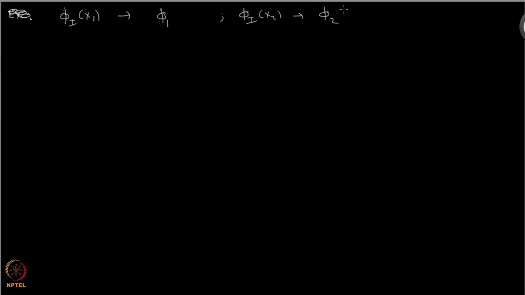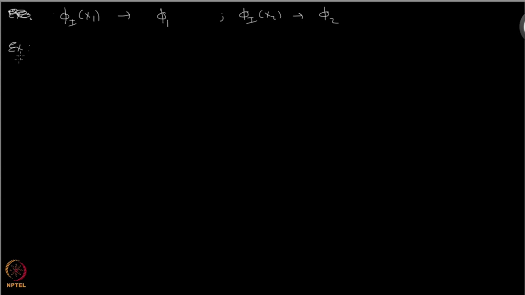Instead of writing phi_I(x1), I will just write phi 1. Instead of writing phi_I(x2), I will just write phi 2. Just for ease of notation, otherwise I will end up spending too much time.